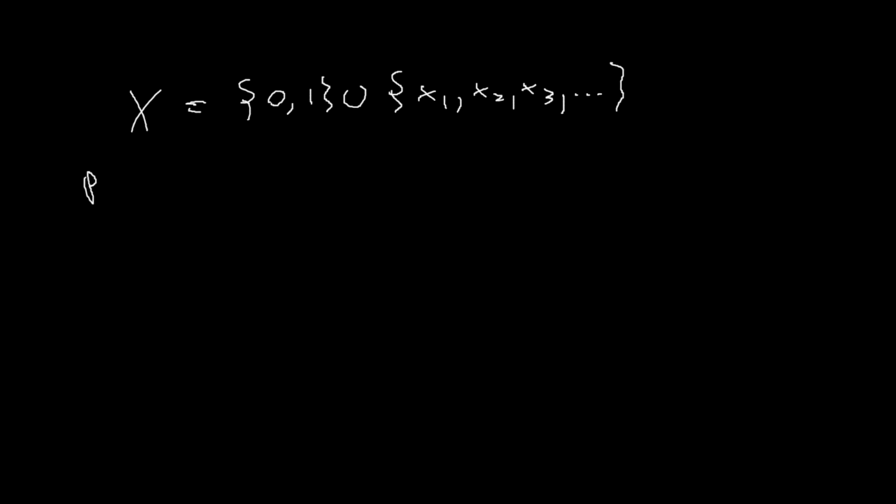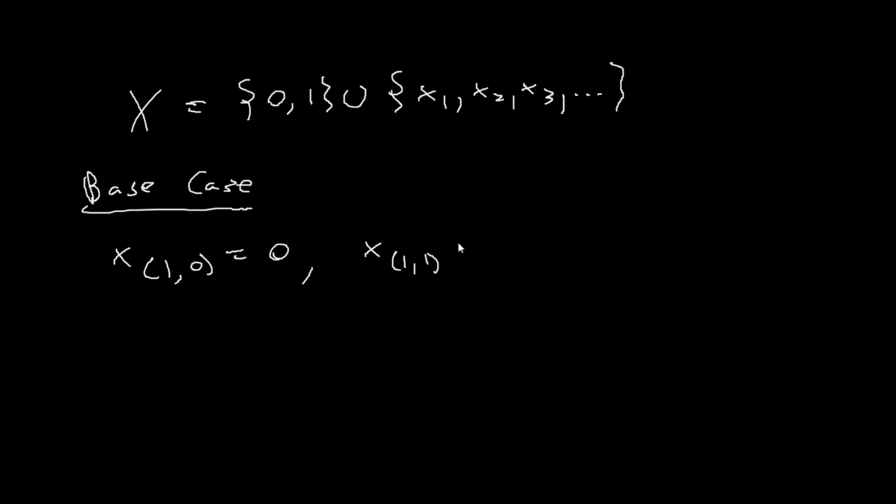Okay, so in the base case, we're going to do the following. We're going to define x sub 1 comma 0 as 0. We define x sub 1 comma 1 as x1. And x1 comma 2, we're going to define as 1.